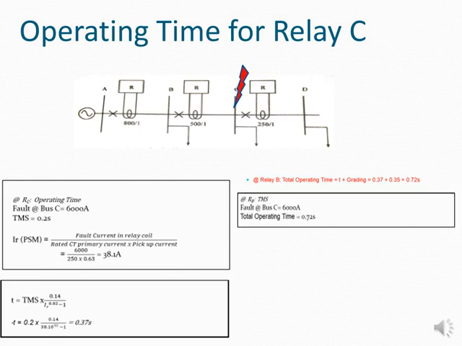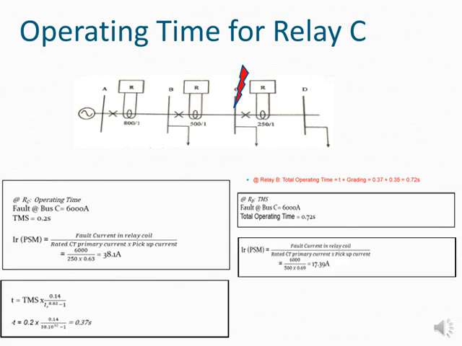Okay, so remember now I need to work out what my TMS is going to be at B. So with the fault again, looking at RB and the fault at bus C, which is the 6,000 amps, and I've got a total operating time of 0.72, I can work out firstly what my IR is.